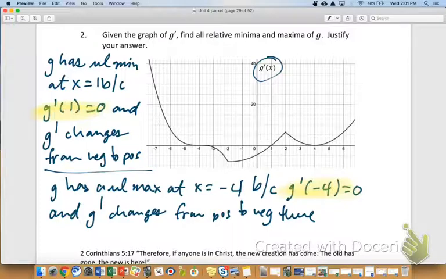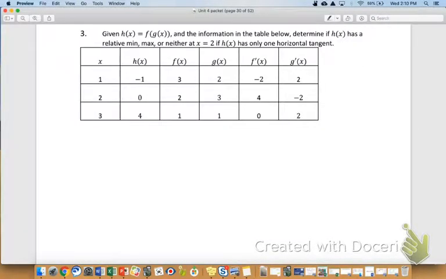Okay, last one. Please try 3. It's a good one. We're just talking about the sine and cosine. Every time sine is removed.